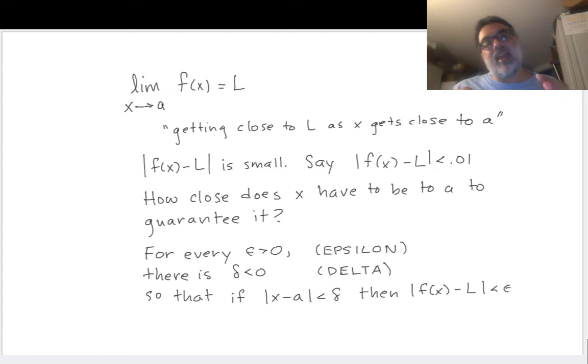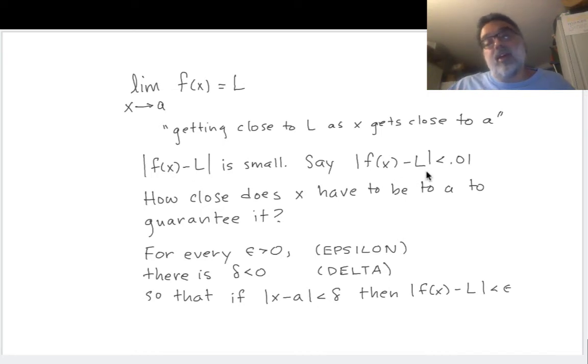We want to say it's getting close to that limit L when the x is close to our target value of a. So what we're saying is that the difference between f of x and L is small. This is the way we interpret getting close, right?